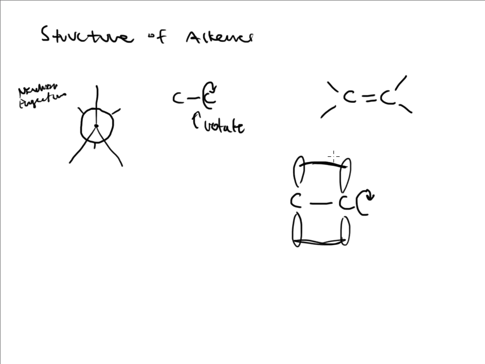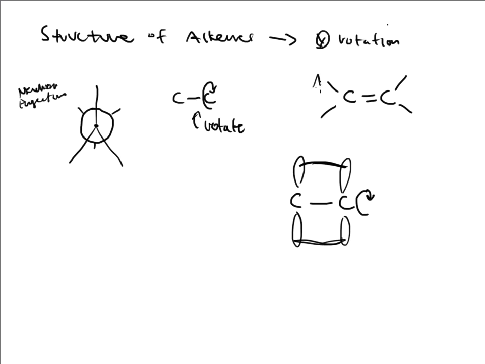And if they don't overlap, then there's no strength and no additional bonding. That would completely destroy the double bond characteristic. So alkenes do not give us rotation about that bond.